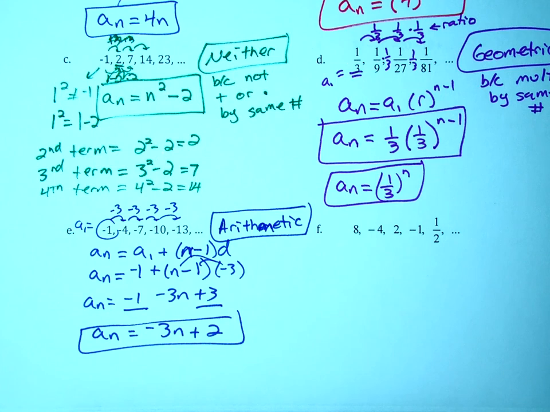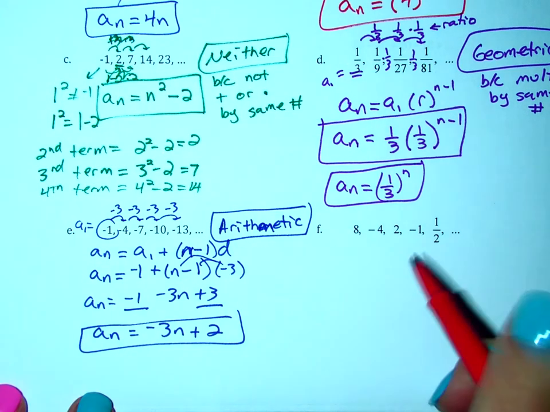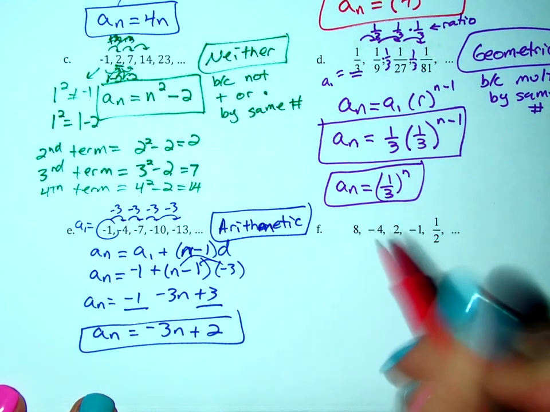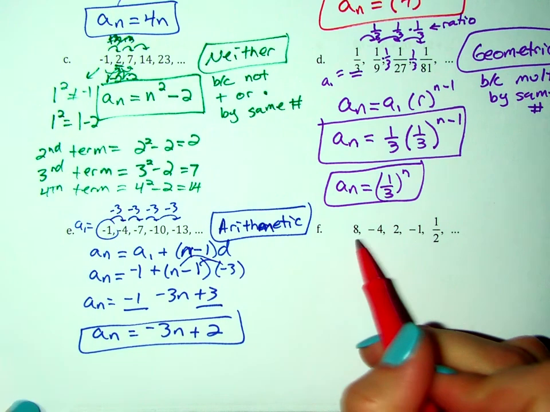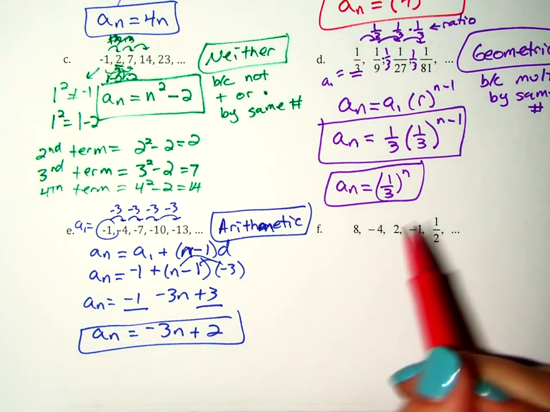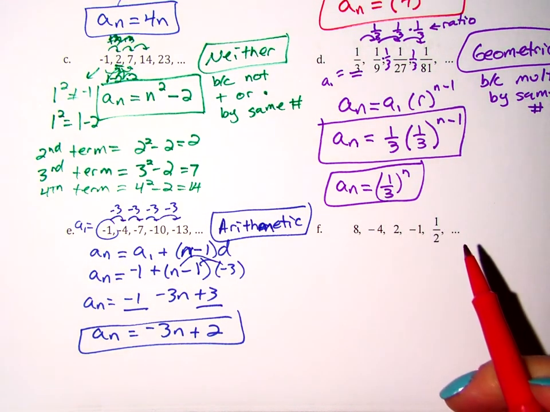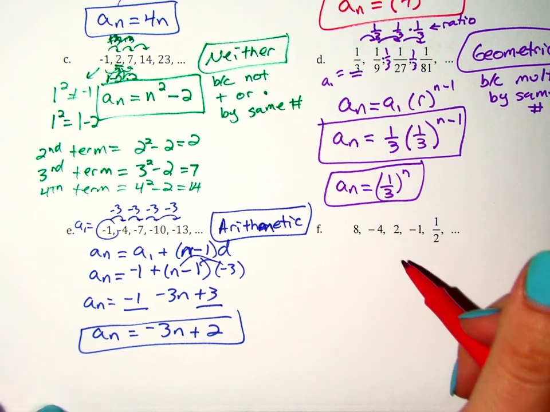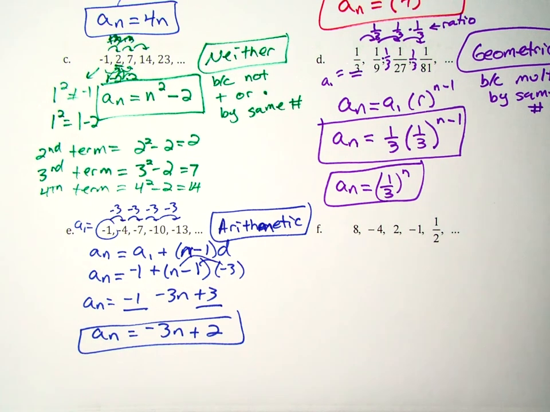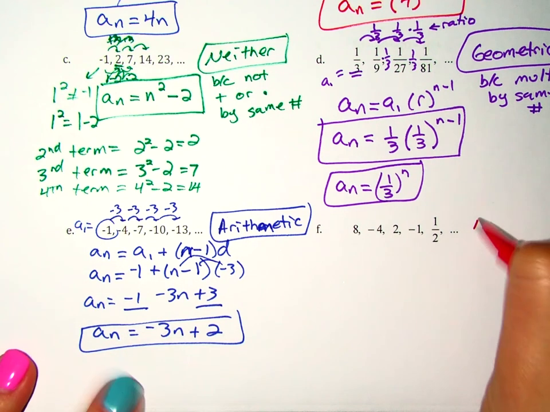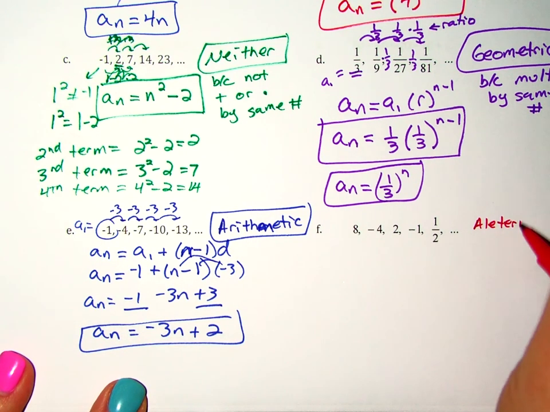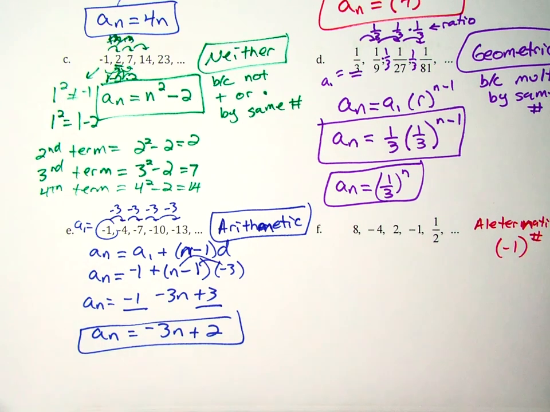All right, last one. So when I look at this, the first thing I notice is that they are alternating between positive and negative. Since they're alternating between positive and negative, I know that it's going to have to be like a negative number, whether it's negative 1 or what, to some power, to the n power, right?